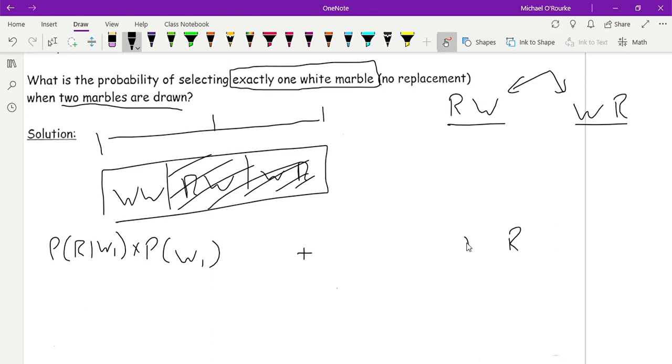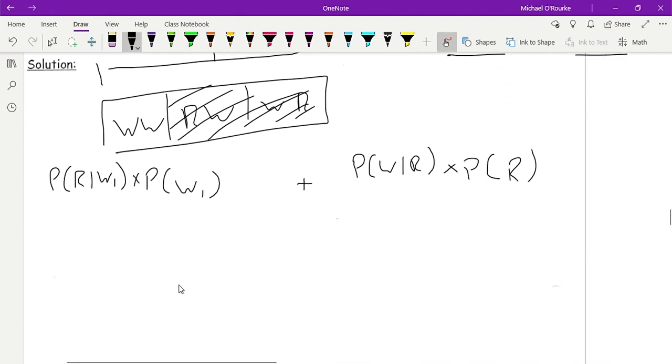And then what's the probability of picking a red plus the probability of picking a white given I picked a red. Is that going to work out for me? Yeah. Okay. Do you guys see what I just did?